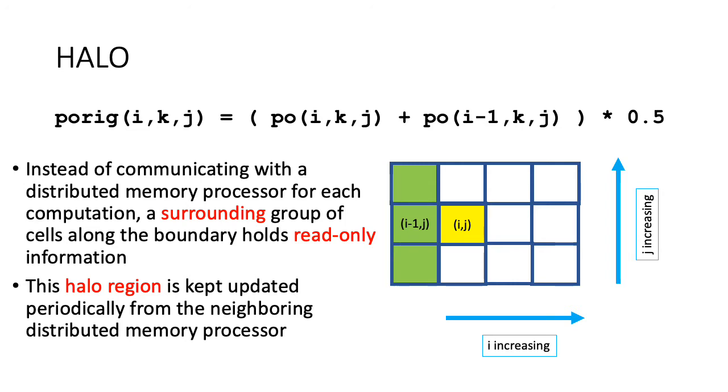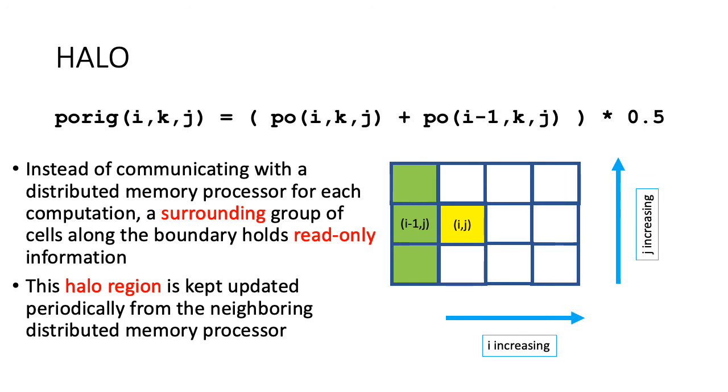If we happen to need an I minus 1 value from our western boundary of a particular variable that is available, we can simply grab it from an available extra column that's tacked onto all of our arrays. So this halo region is updated only when that value on the right-hand side is updated itself.